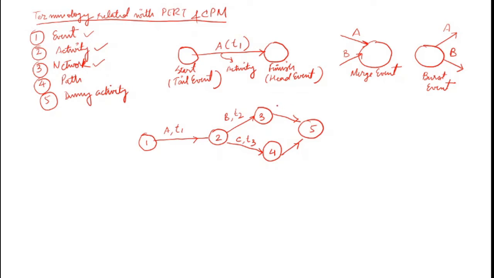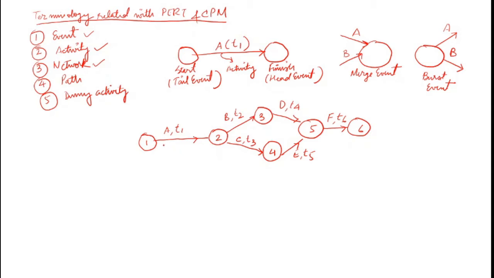This is D, it has time T4. It is E, it has time T5, and finally this is 6 and it is activity F, it takes time T6.